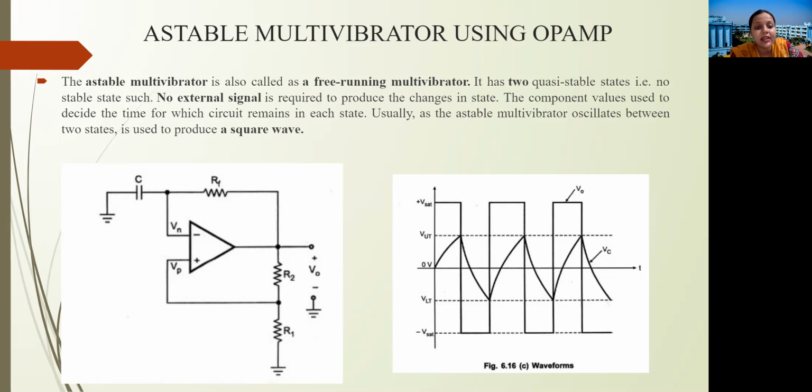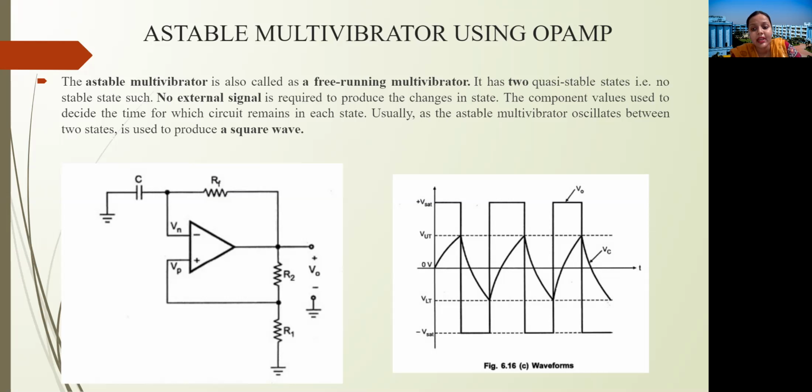Here in this circuit diagram, we can see the configuration of astable using op-amp, where it's an inverting connection. The external capacitor and resistor, the feedback resistor, are connected with a voltage divider, a potential divider, connected to the non-inverting terminal.